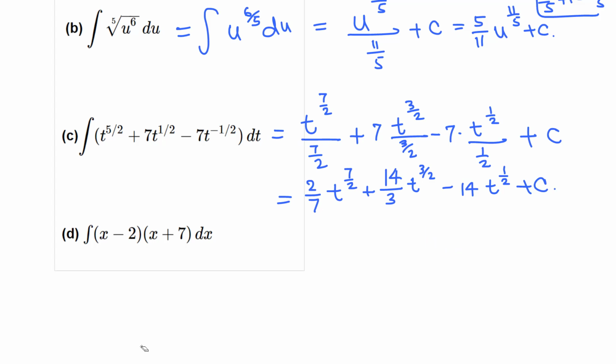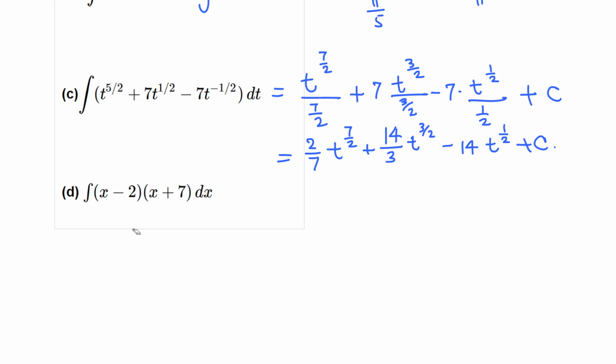And the last question is here: x minus 2 times x plus 7. It's a product and there is no product rule, so we need to simplify this by multiplying these two.